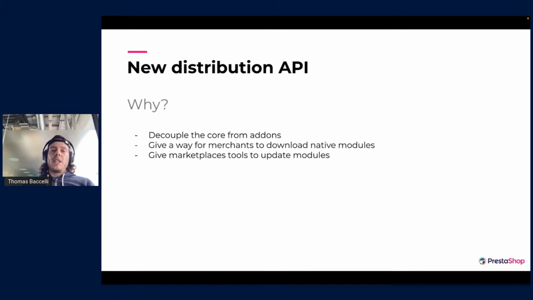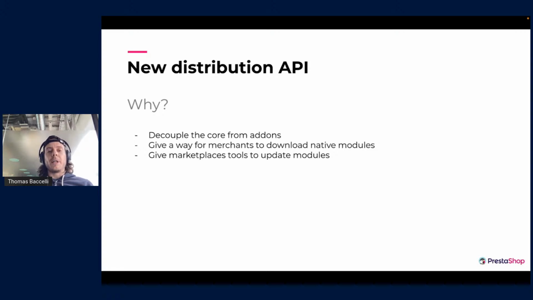But if we do that, merchants won't be able anymore to download the native module if they uninstall it, or to install the auto-upgrade module, for instance. Because today we are relying on the add-ons platform to download those modules. So we need to give a way for merchants to download those modules.